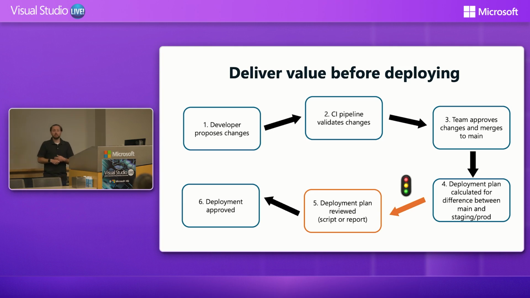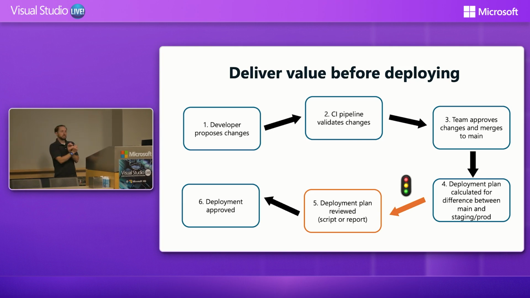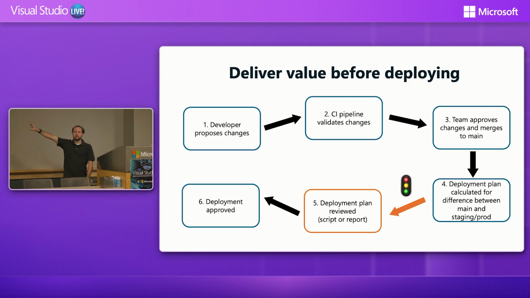Putting gates in front of it, yes. Because now you're going to start understanding, is my SQL code good and valid? That's step 2, where you've got that CI pipeline that's validating the changes. Could be reverse engineering something from an ORM. It could just be a SQL project.